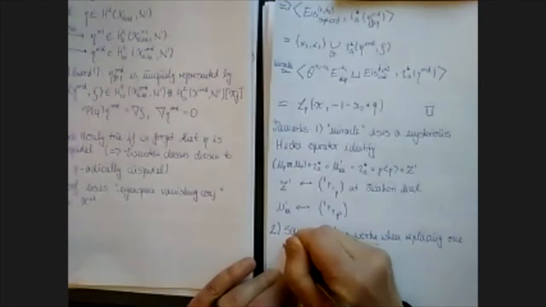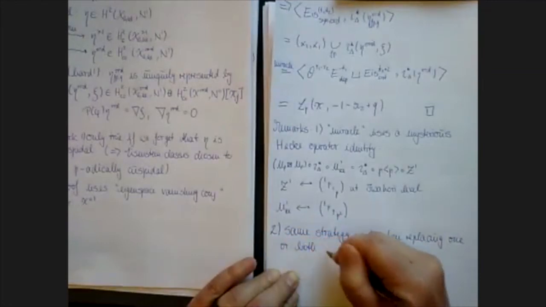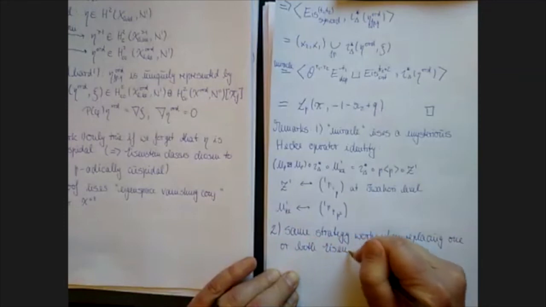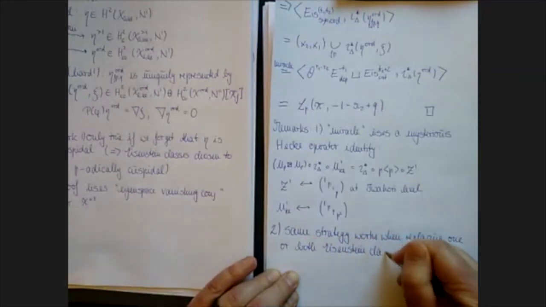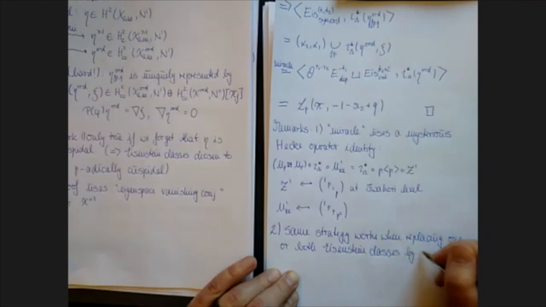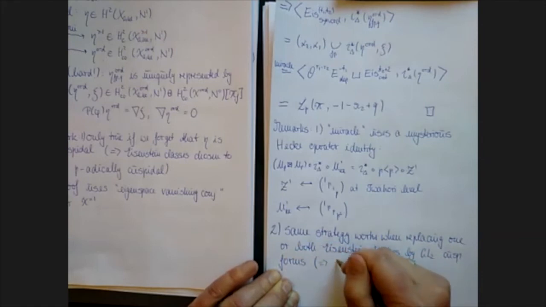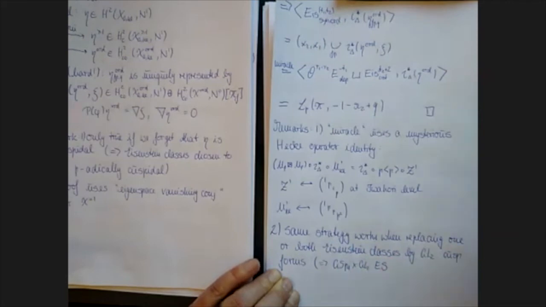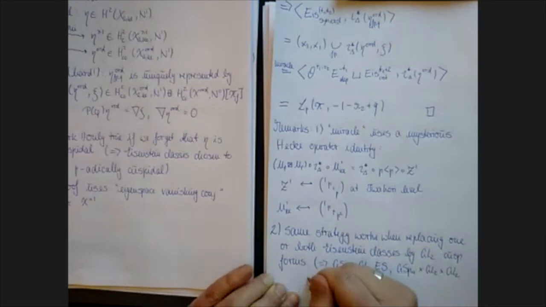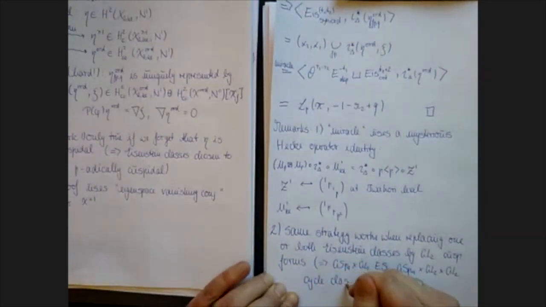So this has applications to the GSP4 times GL2 Euler system, in the case when we replace one of the Eisenstein classes by a cusp form, and the GSP4 times GL2 times GL2 cycle class that David mentioned yesterday.